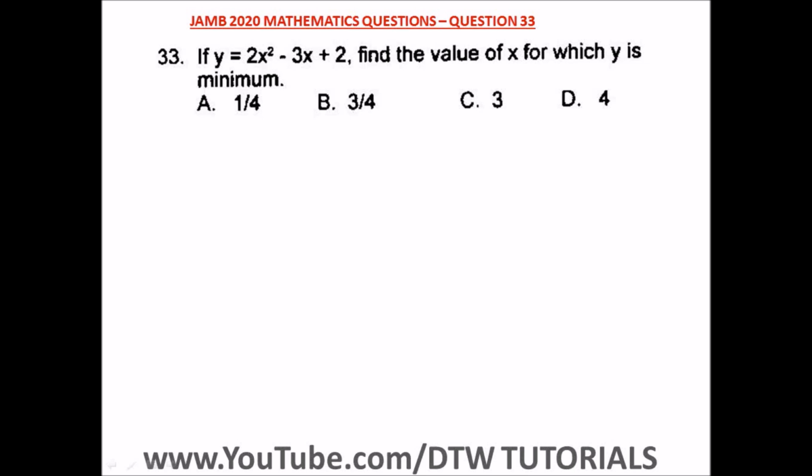For a minimum value of y, we will have to equate this, we will find the derivative of y with respect to x, and equate it to 0. So dy/dx is 4x minus 3.